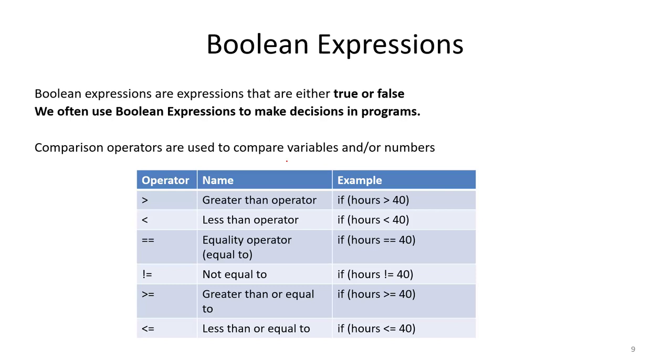Okay, so in addition to using flow of control and loops and if statements, we need to be able to check conditions. We use these things called Boolean expressions to check whether something is true or false.